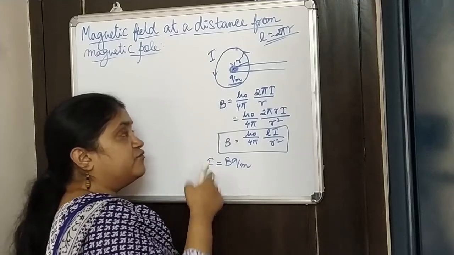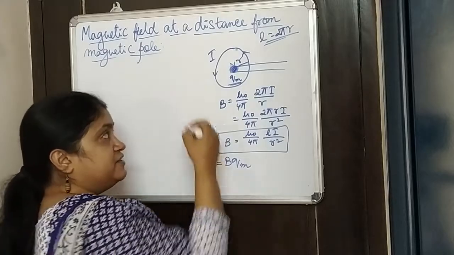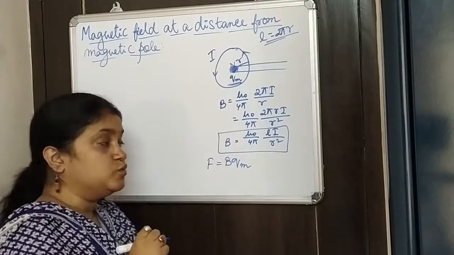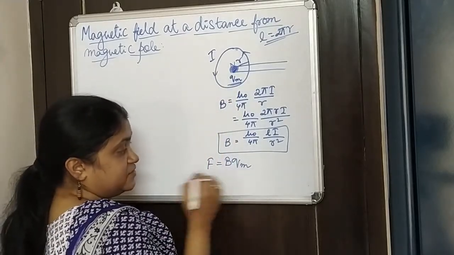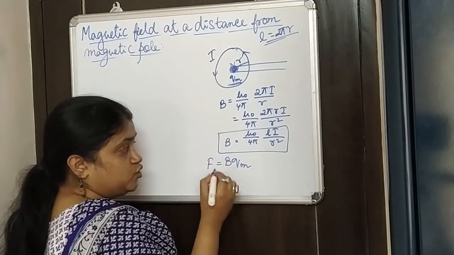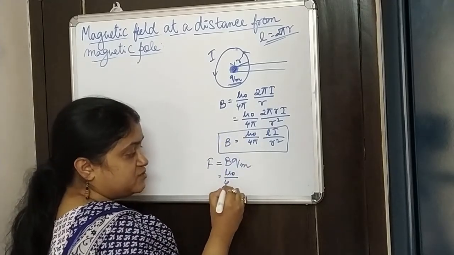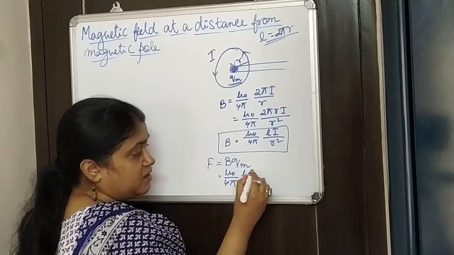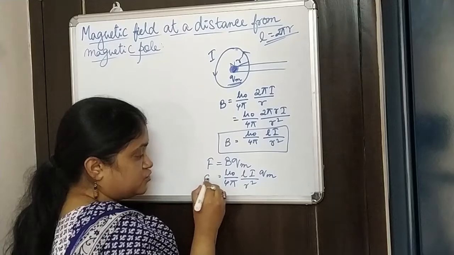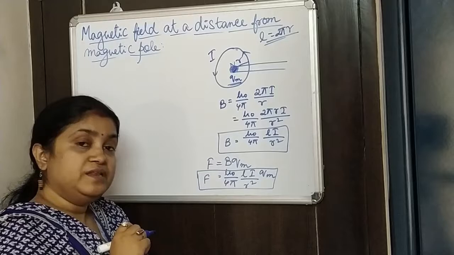So this is the magnetic force that this pole will feel at the center, and this field is due to this circular loop. So if this is the magnetic force B into Qm, we just substitute the B value: mu naught by 4 pi L I by r square into Qm. This is the force that the pole will feel.